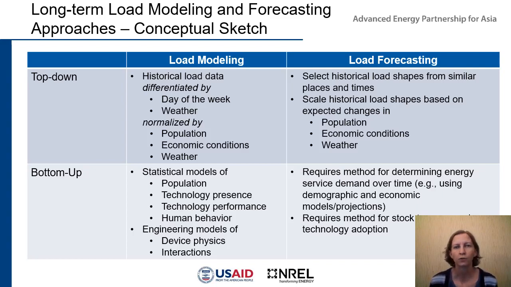If we're doing load forecasting with a top-down perspective, then we might be looking at econometric models that relate energy use to things like GDP or industrial output, as well as energy intensities. That would be a very high-level approach, but depending on the data you have, you might have other sorts of econometric models that you might call a top-down load forecasting model.